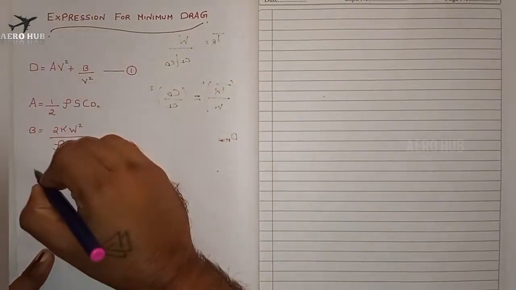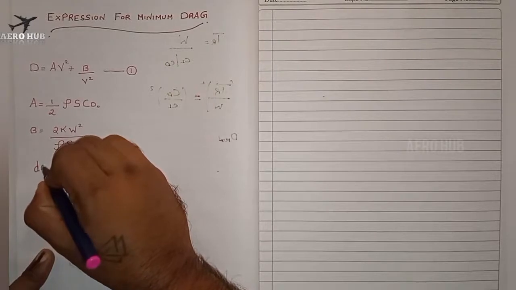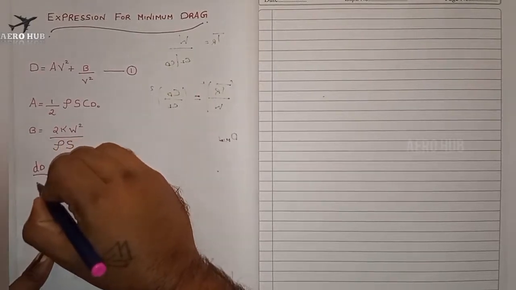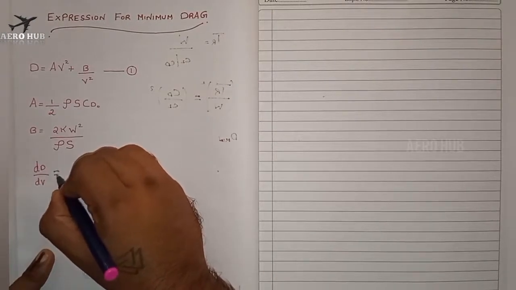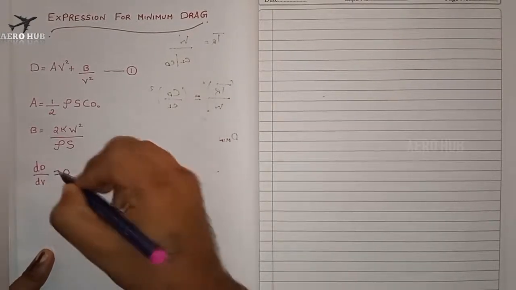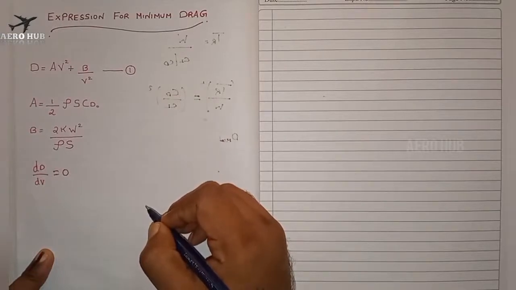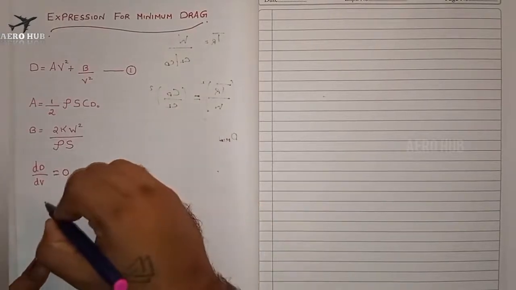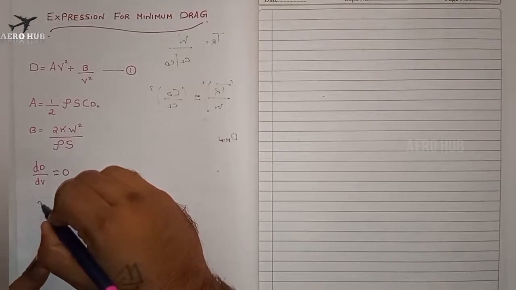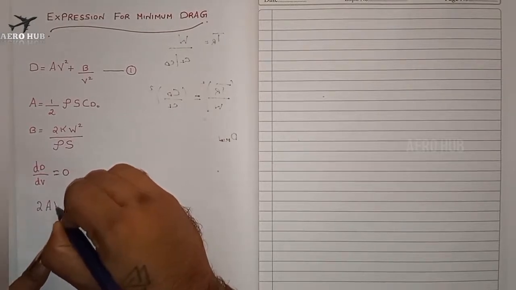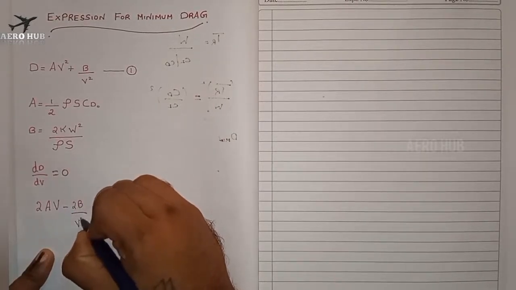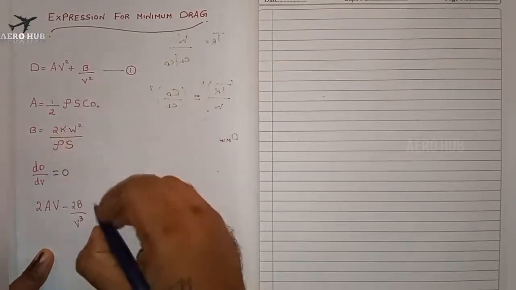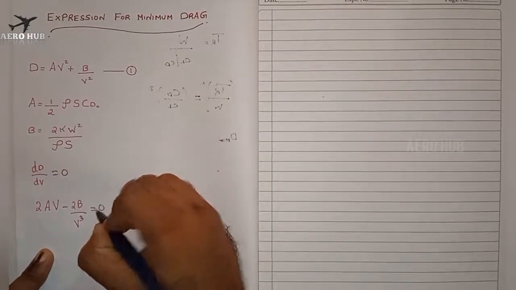For that we have to differentiate equation number 1 with respect to velocity, and this should be equal to 0. This is for the minimum drag condition. If I differentiate, I get 2 A v minus 2B by v cube equal to 0.